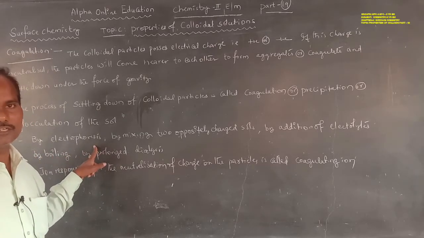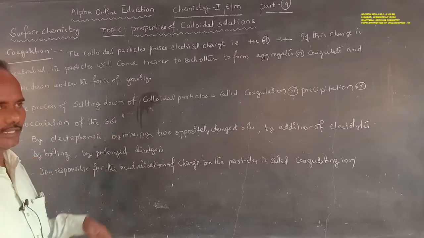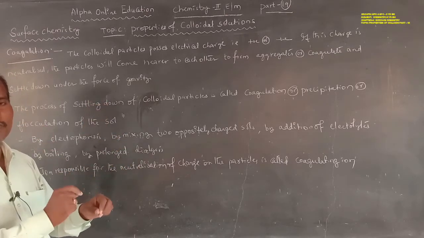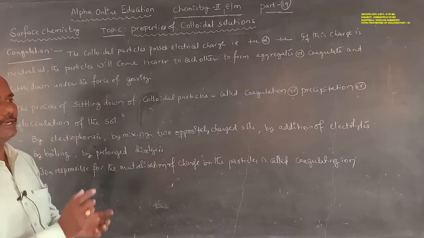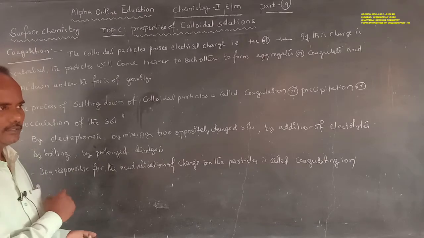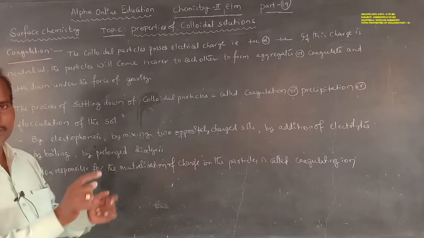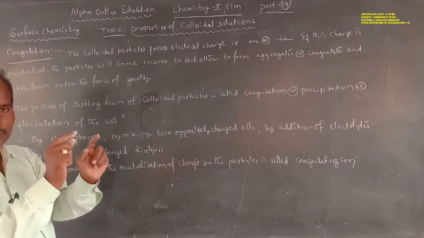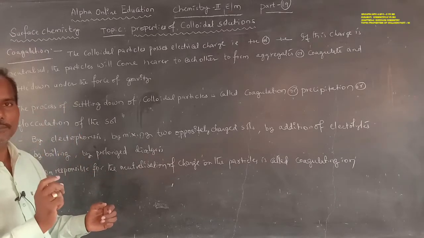We already discussed electrophoresis. By passing an applied EMF, the charged particles move; suppose the colloid has positively charged particles, then they move towards the cathode, and on the cathode electrode the colloidal particles are deposited.